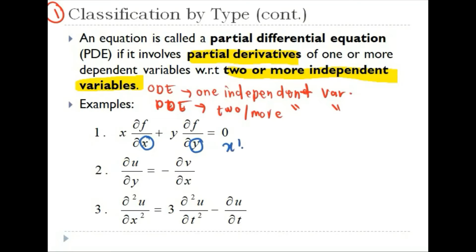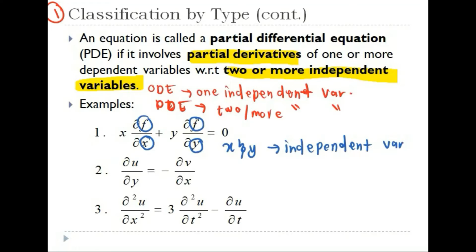We have x and y, meaning two independent variables, so this equation is known as a PDE. Here we have only one dependent variable, but regardless of how many dependent variables, if it contains two or more independent variables, it is classified as a PDE.